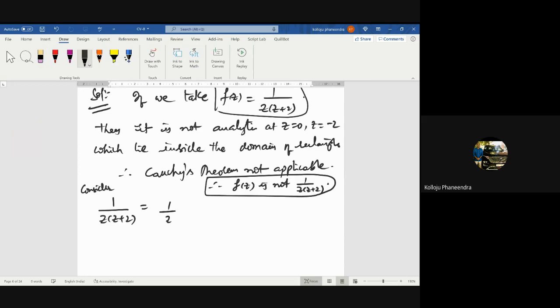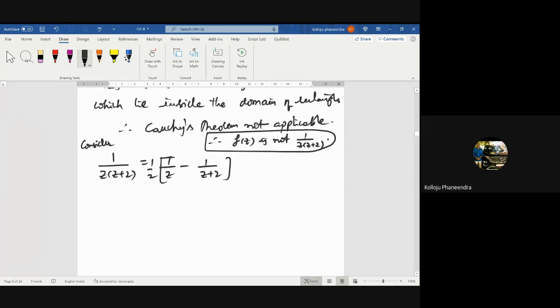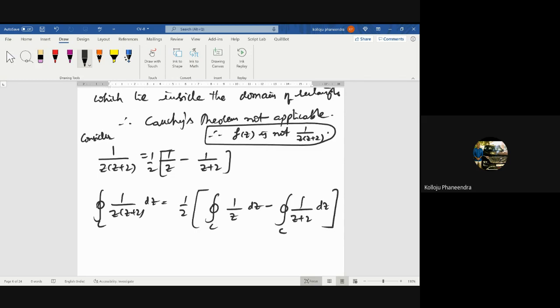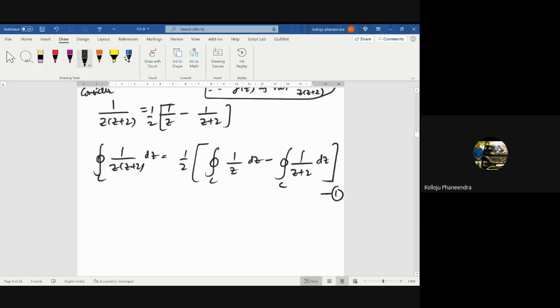To apply Cauchy's integral formula, I have to take partial fractions. Then integral over C of 1 by z into z plus 2 dz is equal to 1 by 2 integral over C of 1 by z dz minus 1 by z plus 2 dz. Take this as 1.